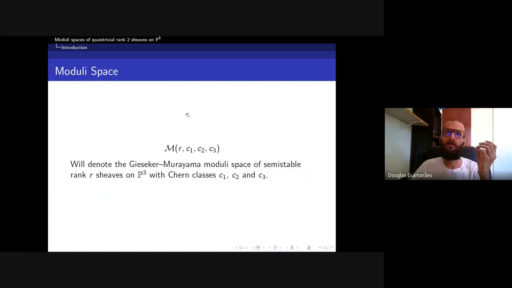The main moduli space that we are going to treat in this talk is the moduli space of semi-stable rank r sheaves with Chern classes c1, c2, and c3, the first, second and third Chern classes. Maruyama showed that this moduli space is a projective scheme, and since then, many authors have tried to answer questions about the geometric properties of this space.